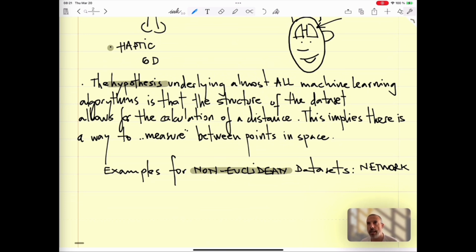The data in business takes place, almost 99% of it, in a network.